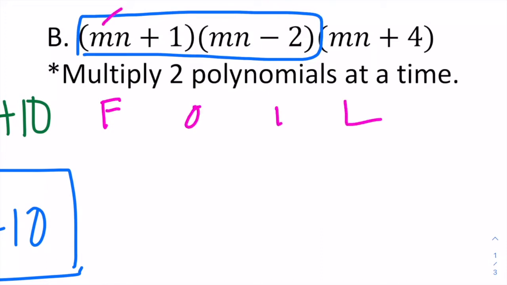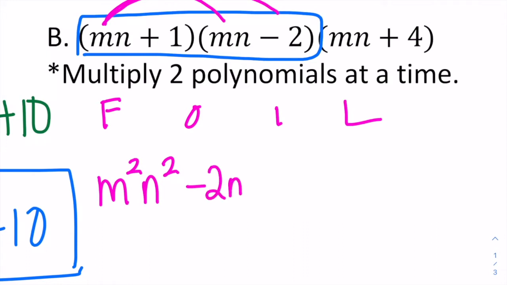So when you look at the first terms, it's m times n times m times n, so that'll be m squared n squared. The outer will have negative 2mn, the inner plus 1mn, and then the last is minus 2.